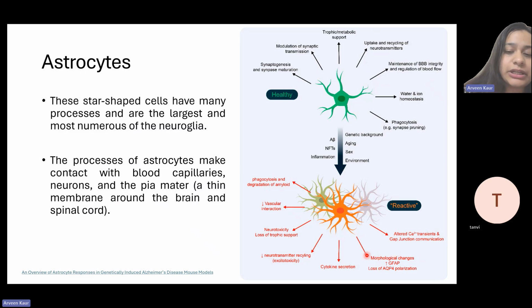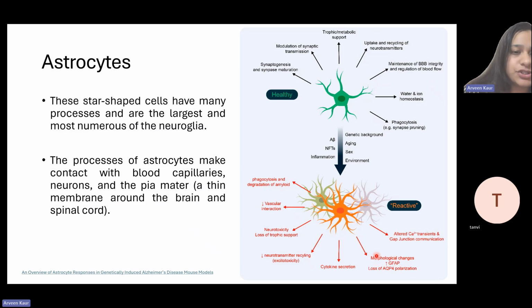Also, it will lead to morphological changes, due to which there is increased GFAP. GFAP is a protein which goes up in astrocytes that are reactive, right? Glial fibrillary acidic protein, right?